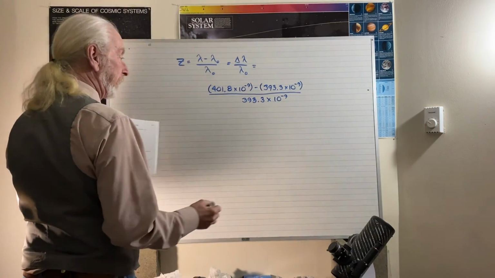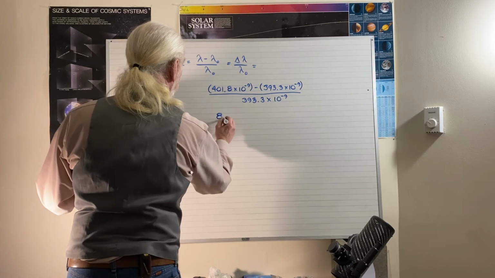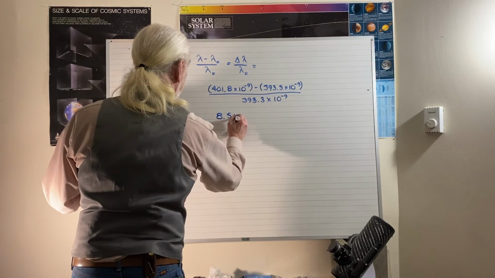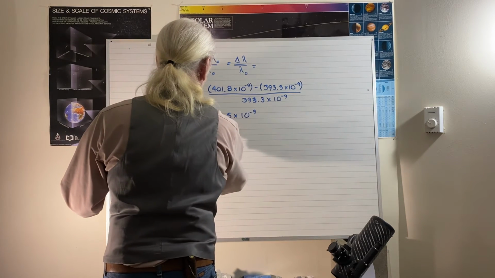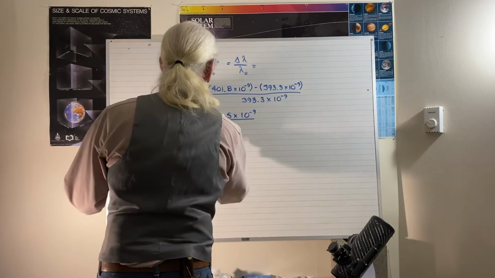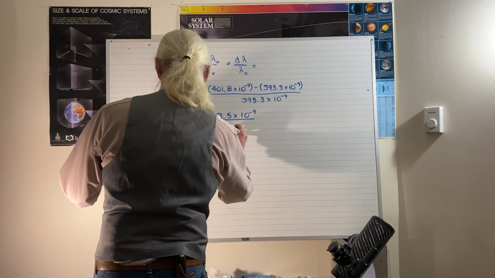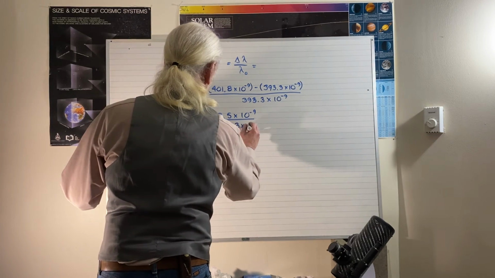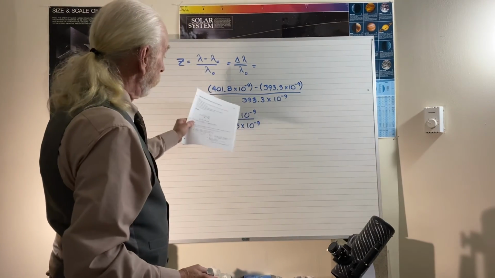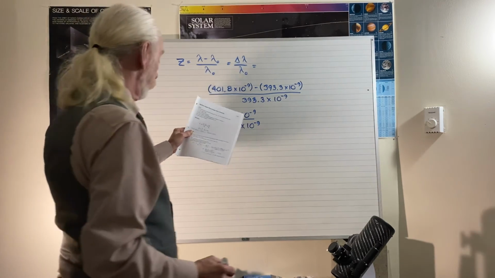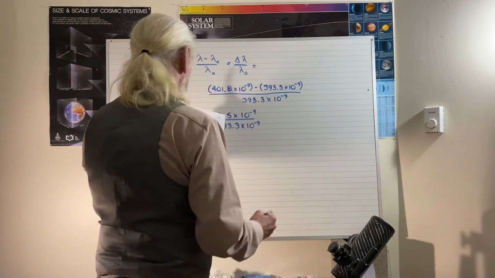If you bash that out on the calculator, that comes out to 8.5 times 10 to the negative 9 over 393.3 times 10 to the negative 9. The powers of 10 cancel out. 8.5 divided by 393.3.